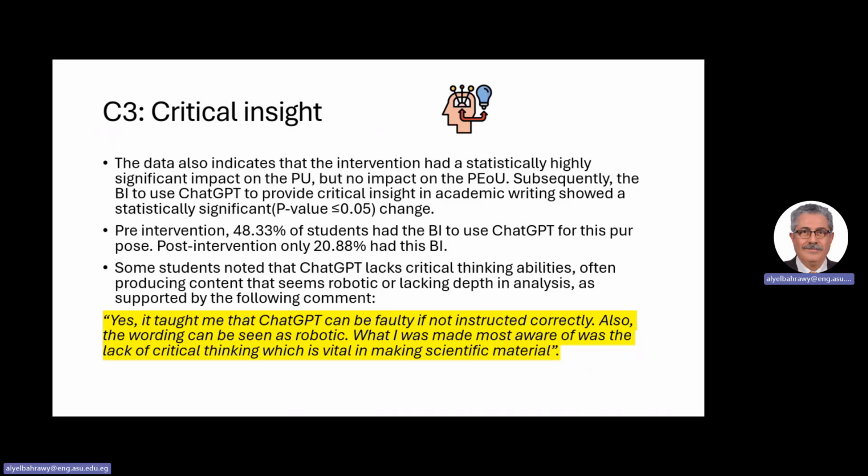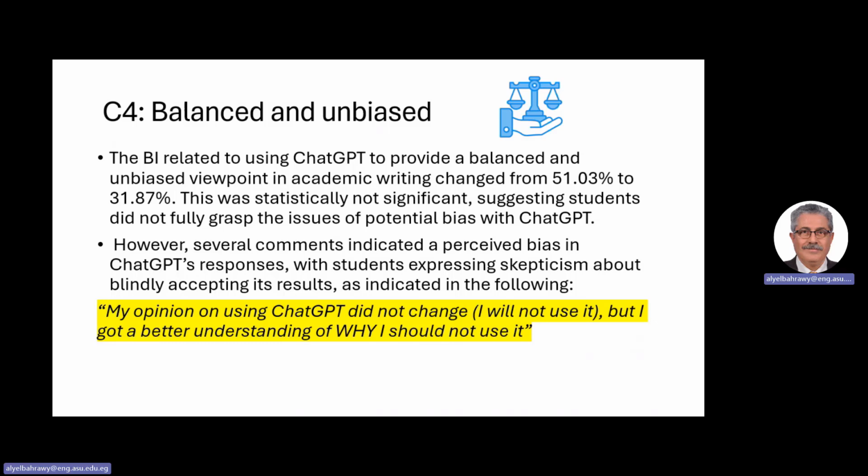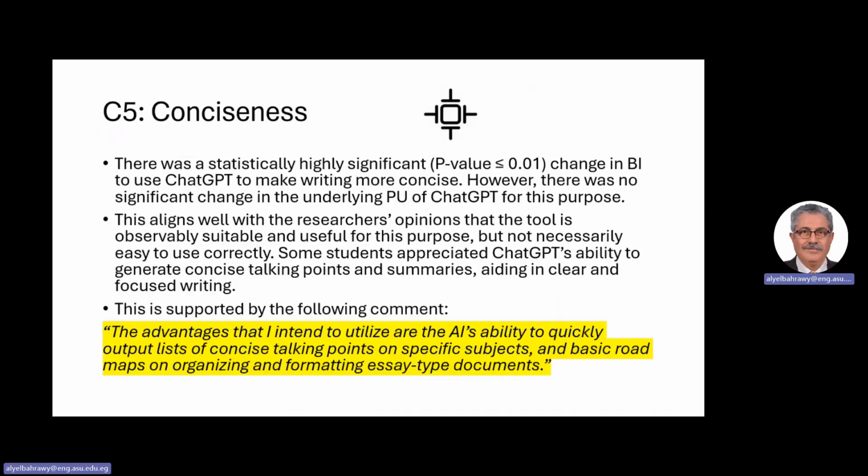Also, the wording can be seen as robotic, which I was made most aware of was the lack of critical thinking, which is vital in making scientific material. C4, my opinion on using ChatGPT didn't change. I will not use it, but I got a better understanding of why I should not use it.